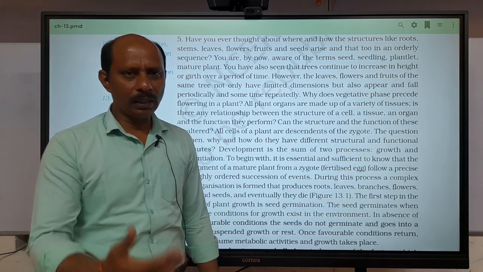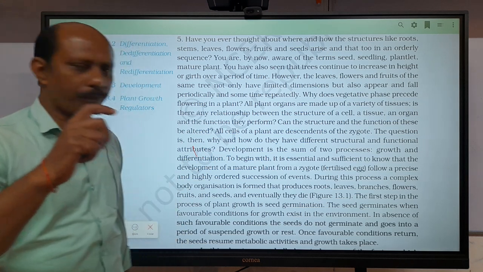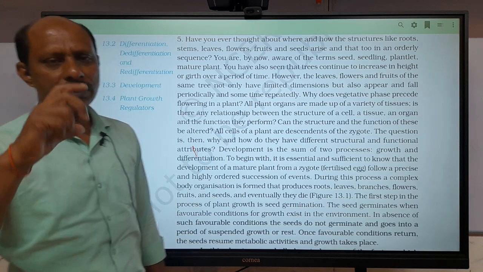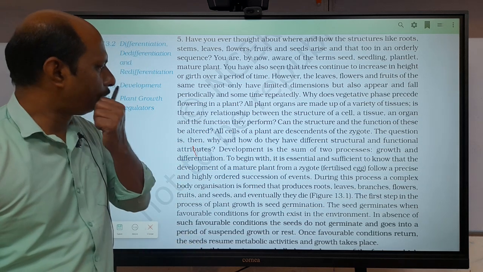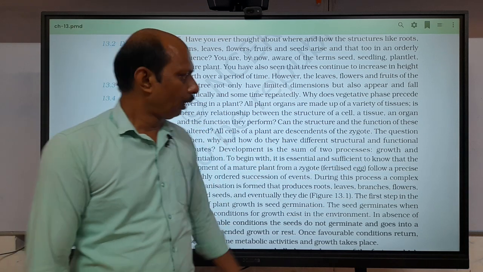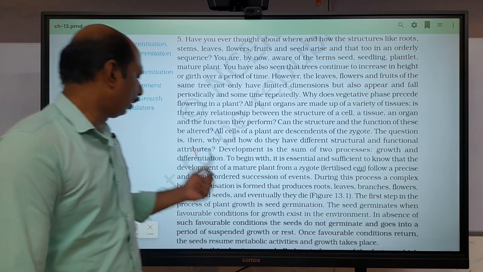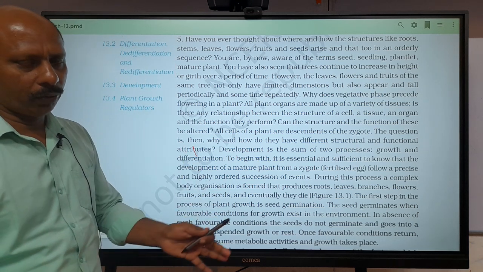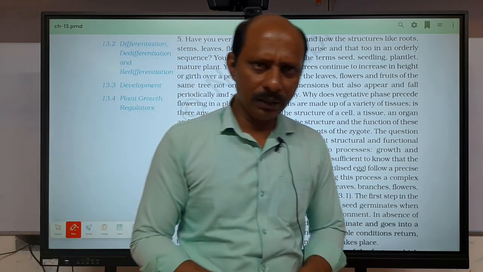We know, starting either it is animal or plant, the zygote is the first cell from which all the multicellular organisms are formed, right? So it is given all cells of a plant are descendants of the zygote, and the question is why and how they have different structural and functional attributes. That is according to the cell division, and after division differentiation is there, right?